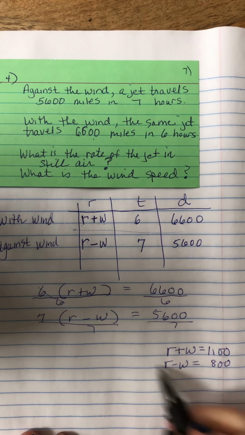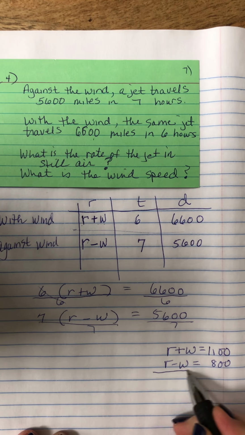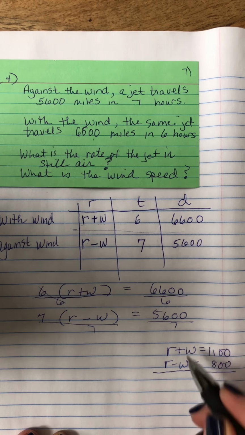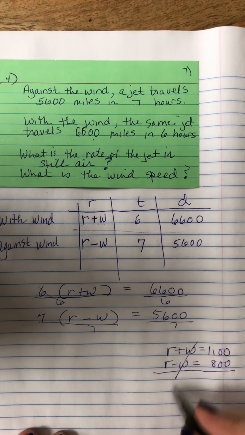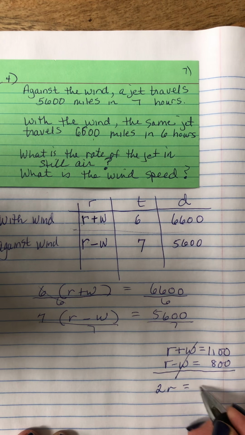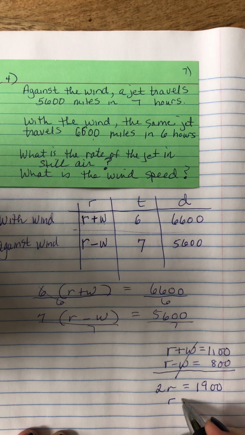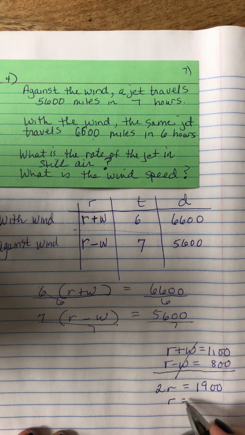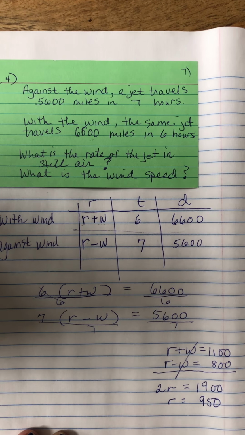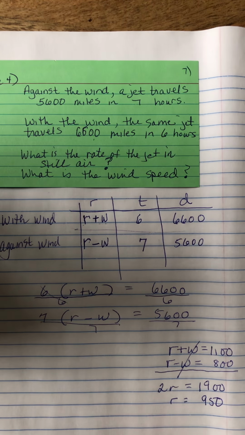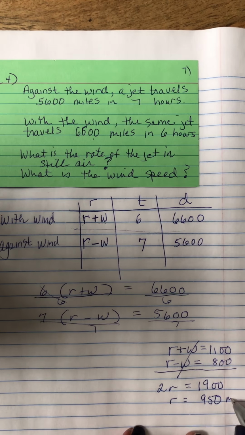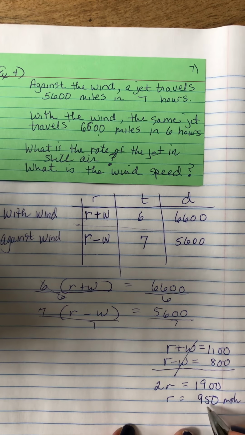And so I'm going to solve this system of equations by elimination. If I add these 2 equations together, 2R equals 1,900. And so R is going to equal 950. So 950 miles an hour is going to be the speed of this jet.